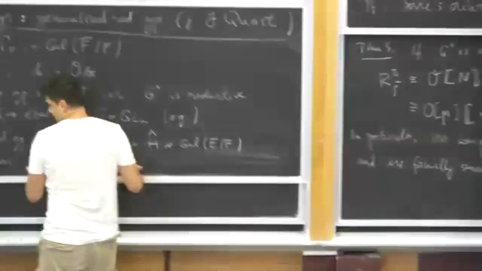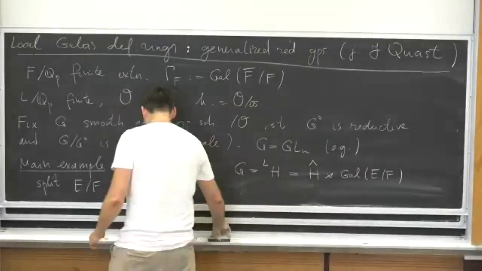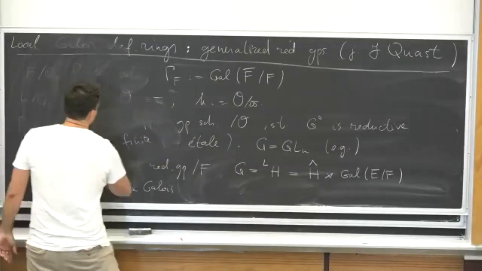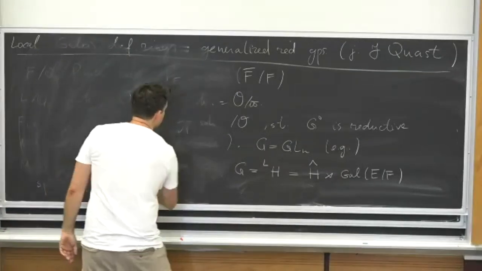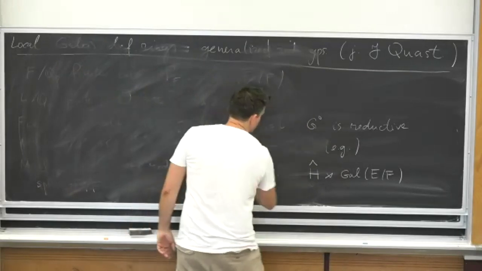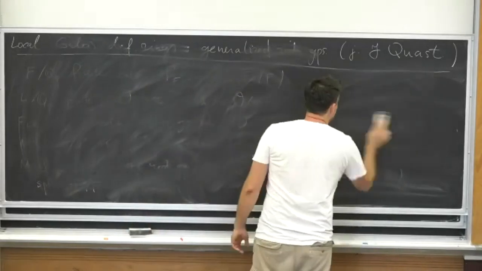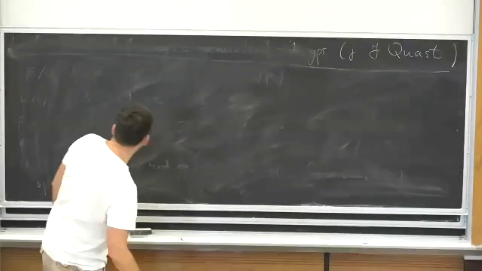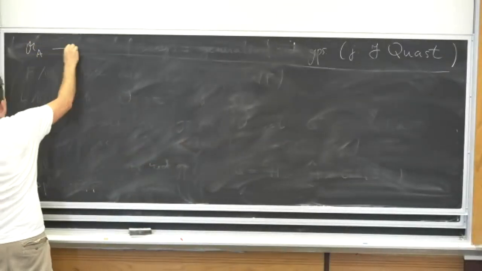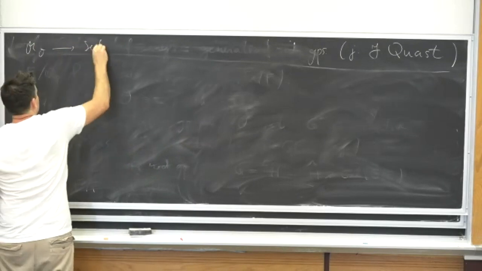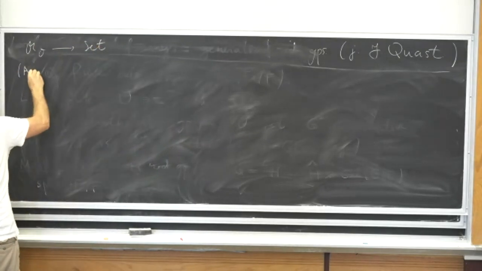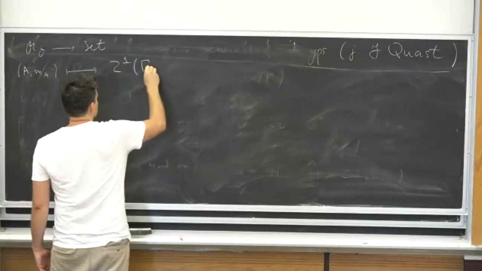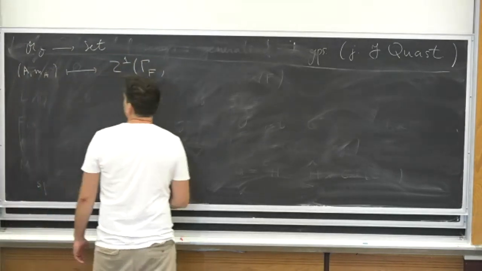So the key point is to understand the functor that sends this A to M, Z1 continuous cocycles with values in G_F.